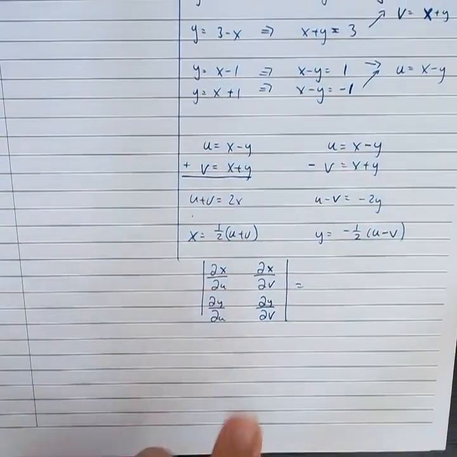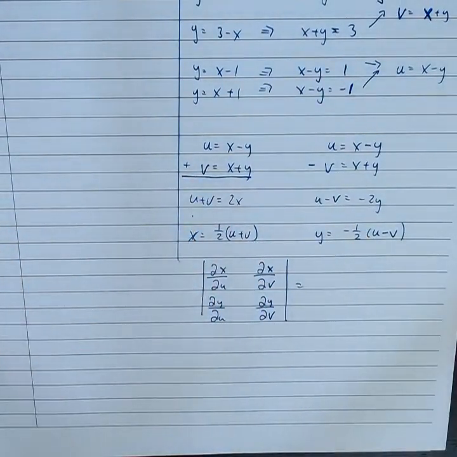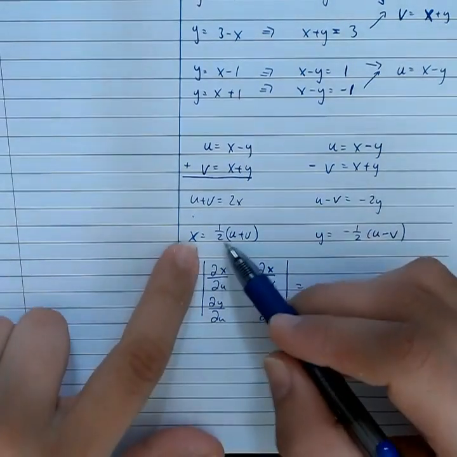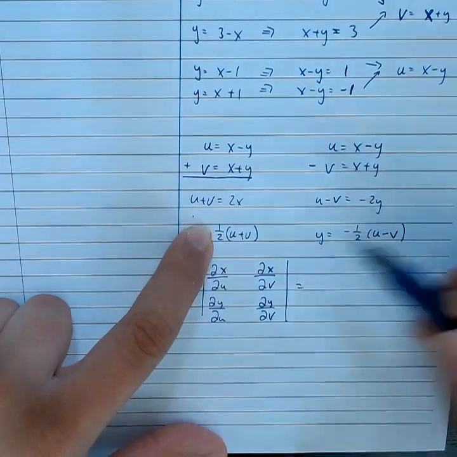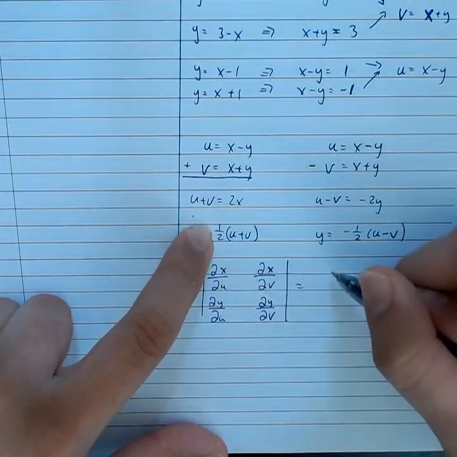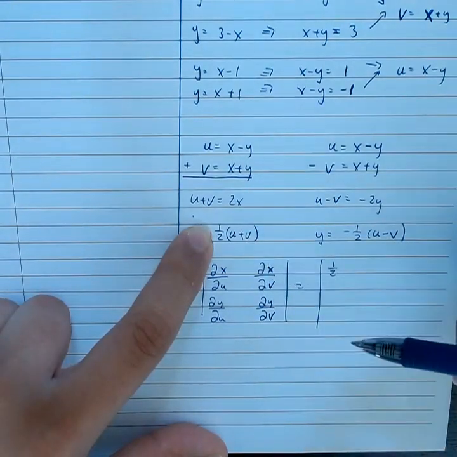Okay, so we have all of these things. We have both of these equations, which means we can figure out our determinant. Here, if we take the partial of x with respect to u, we're just going to get 1/2. If we take the partial of x with respect to v, we're also going to get 1/2.